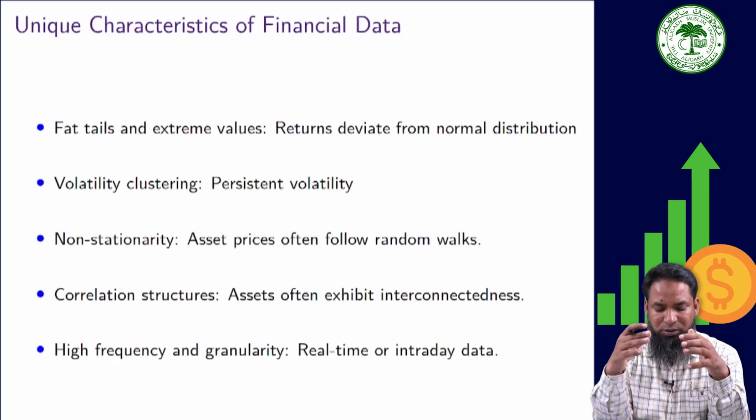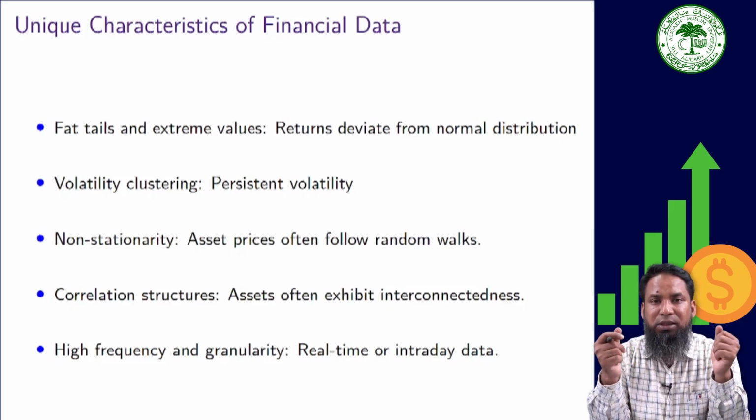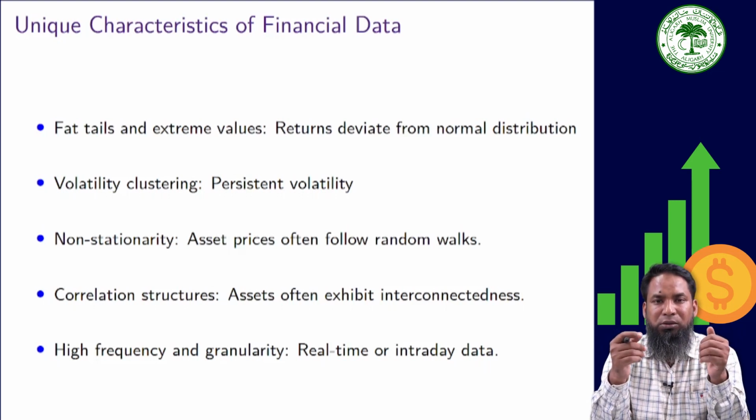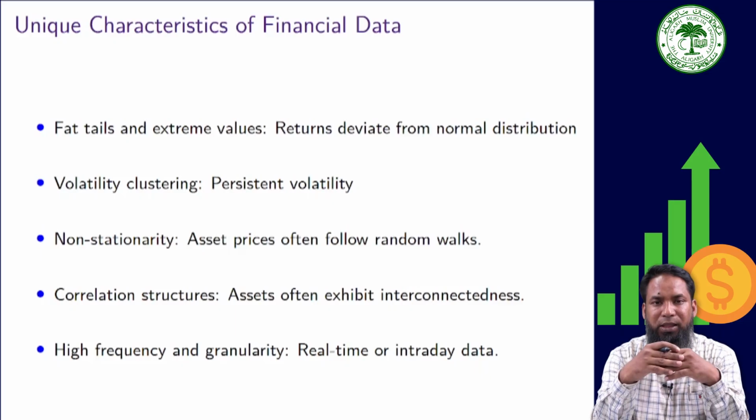So let's go into the detail of the first part, that is what are the unique characteristics of financial data we have. The first is that financial data often show fat tails and extreme values. That means the financial data often deviates from the normal distribution.